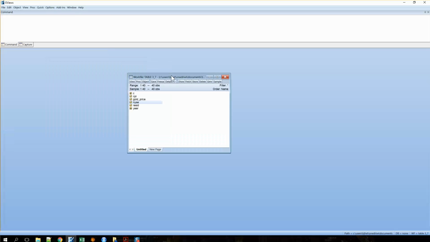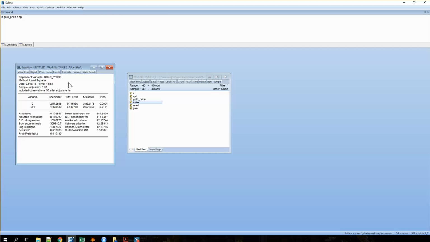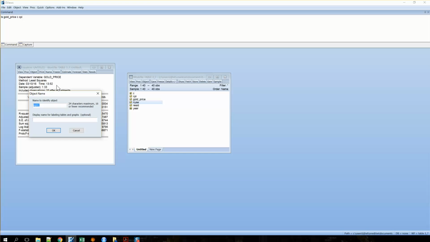So very easily we can just do LS gold price. You can also do this in the quick bar estimate equation. I just find it a little bit faster to do it this way. C and CPI. Okay. And here's our regression output, and we'll go ahead and name that equation 1.